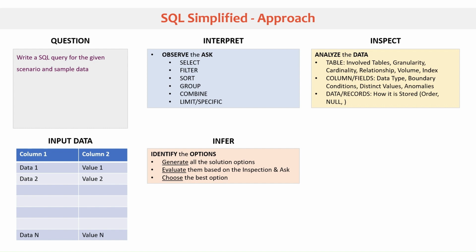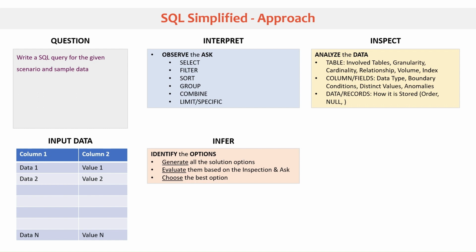In plain English, first generate all the possible solution options, evaluate them based on the inspection and ask, as I mentioned. Then finally you choose based on pros and cons, which option is most likely better than the other, or evaluate each and every option. So that is what infer is.